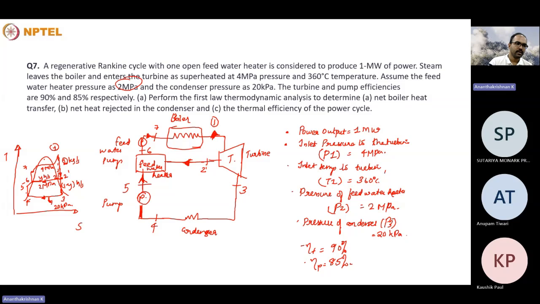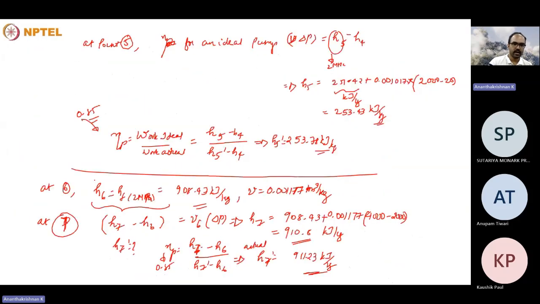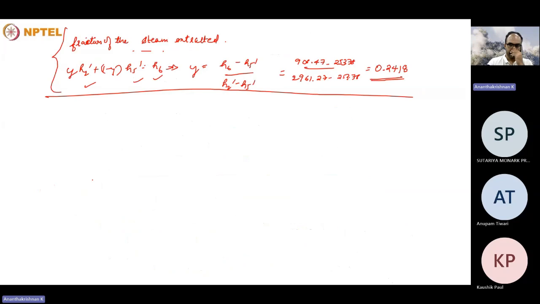Similarly, the pumps will not have the same mass flow rate. The lower pressure pump will be operating with a lower flow rate, that is 1 minus y, and the higher pressure pump will have a higher flow rate, that is 1. So using that, we have to determine the turbine work per kg.